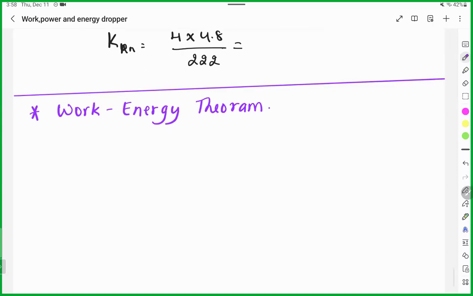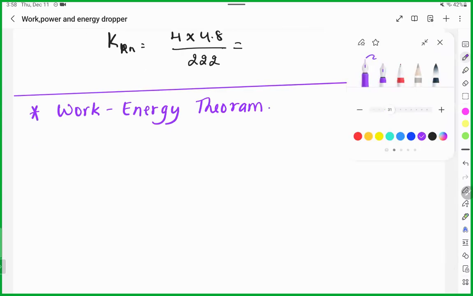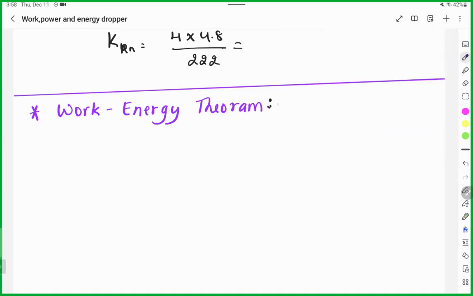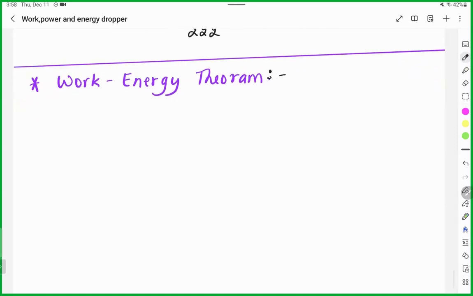Remember in this work energy theorem, one of the most popular theorems, when you apply a constant force on a given mass, there is acceleration, it will cover some distance with some velocity. Then there are two ways to do this. One is, for example, v square minus u square is equal to 2as.